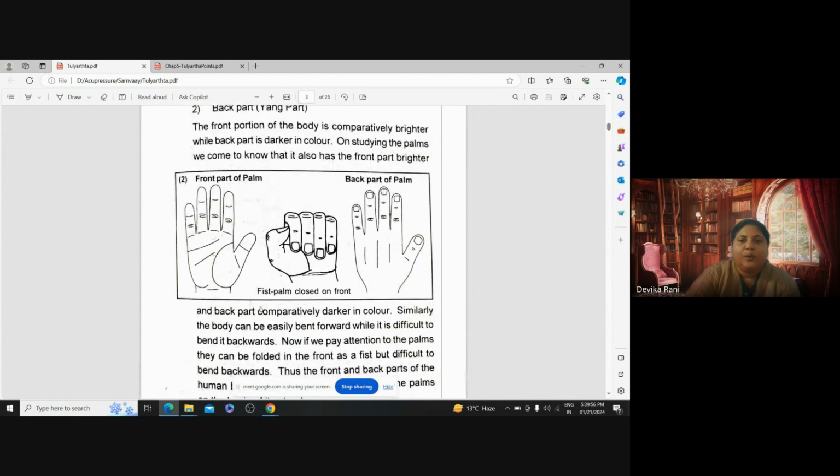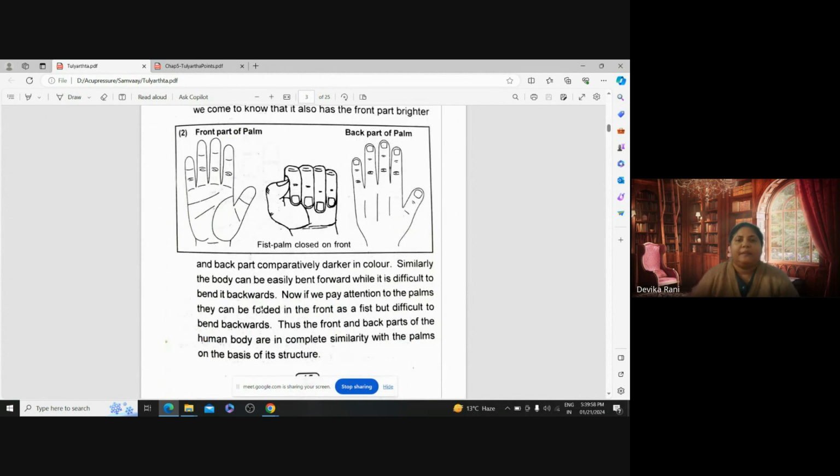The front part you can bend easily, whereas the back is very difficult to bend. Similarly, we can bend our fingers towards the front more easily. Bending backwards is very difficult. So we can start seeing the similarity from here itself.